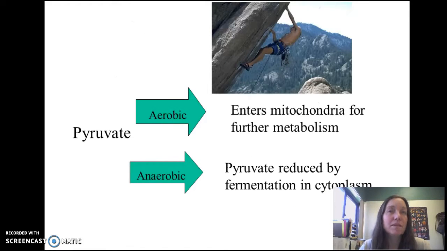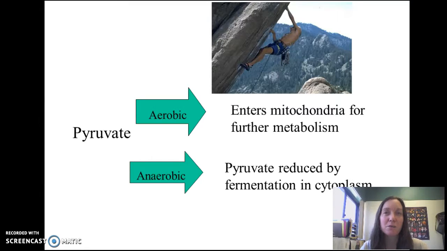What happens next depends on whether or not oxygen is present. So up until this point, oxygen hasn't been needed, but now if oxygen's present, aerobic pathways will happen, that is, oxygen-rich pathways, and the pyruvate will enter the mitochondria for further metabolism. If oxygen is absent or in limited quantities, the pyruvate will further be reduced in the cytoplasm, and that process is called fermentation.